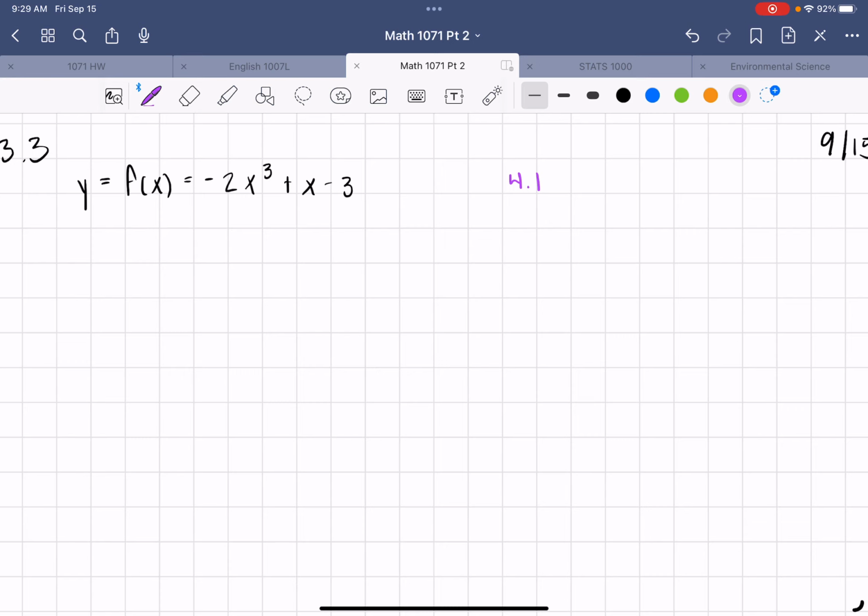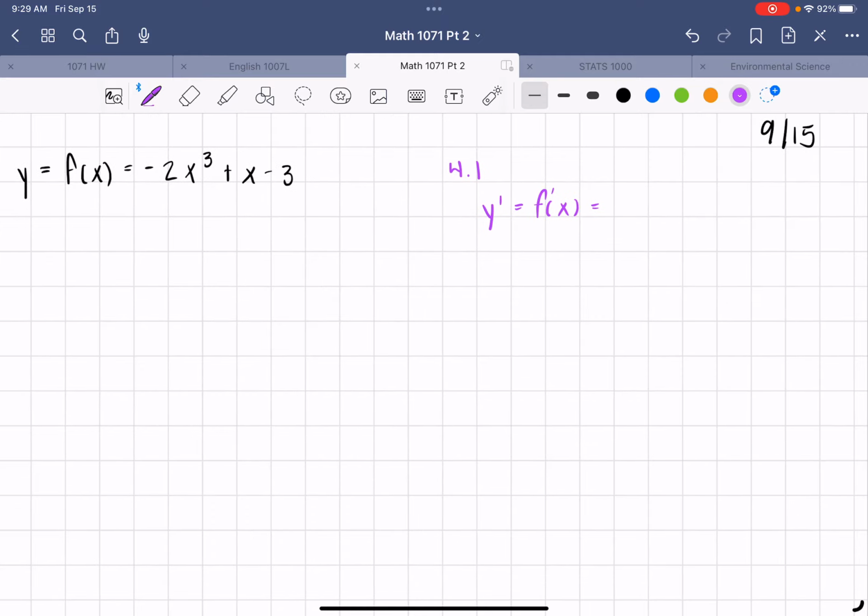So the derivative, you could call it y prime. You could call it f prime. That's the derivative. You're going to be learning these patterns. And so I'm about to show you where we're going. The derivative of x cubed, the 3 comes down in front, and the new power is 1 less.